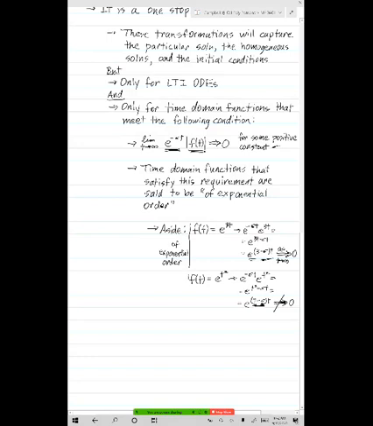The second one, of course, is not of exponential order. And so we can't work with that in this space. So we can't deal with the Laplace transformation of e to the t squared. It just won't work out that way.